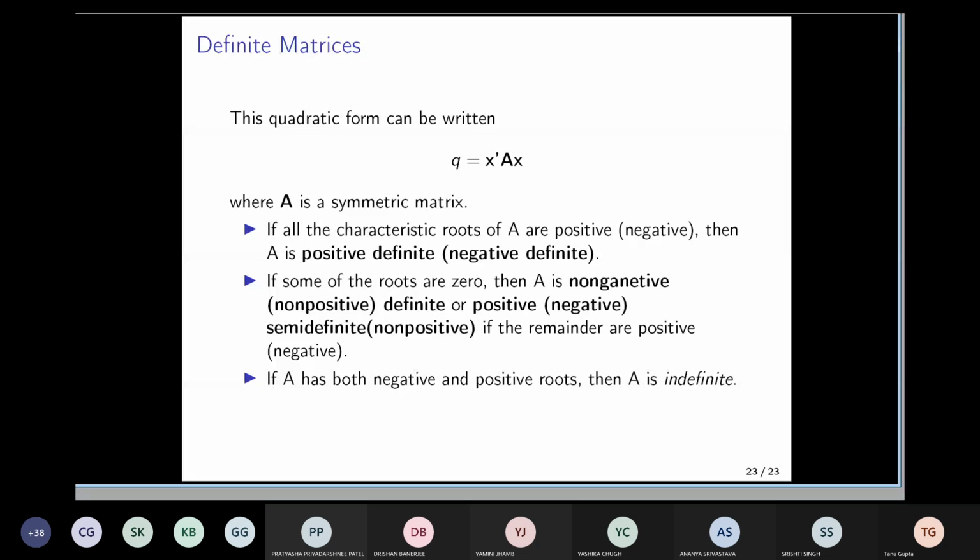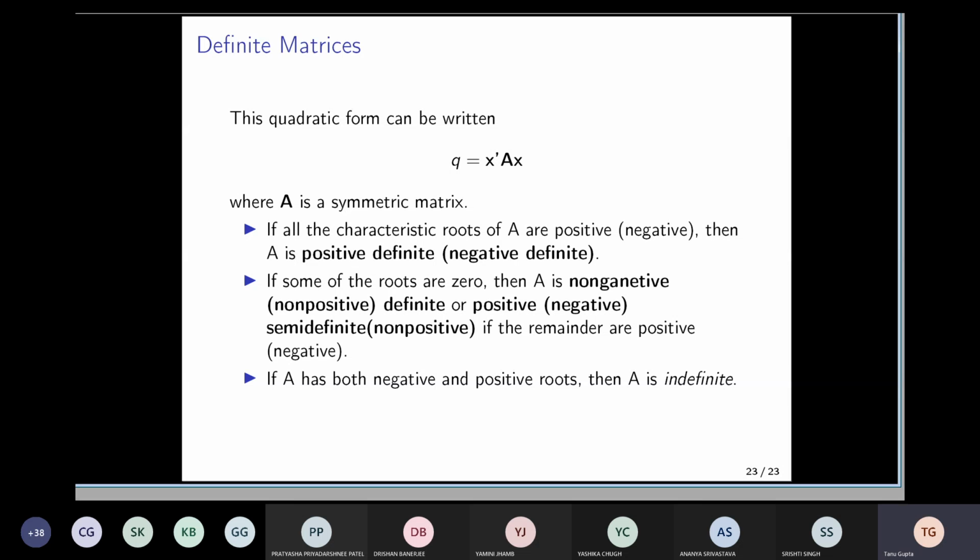If all the characteristic roots of a symmetric matrix A are positive, that is, if the matrix has n eigenvalues and all the n eigenvalues are non-zero positive, then we say that the matrix A is a positive definite matrix.